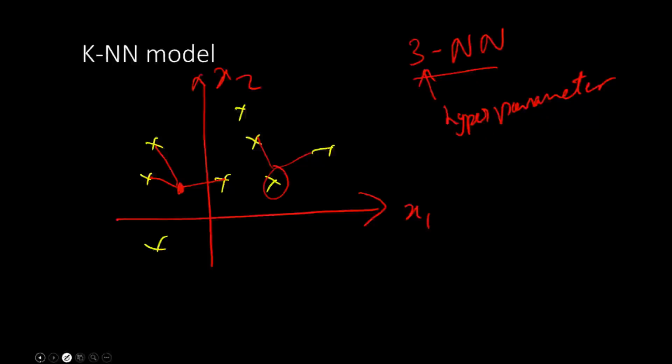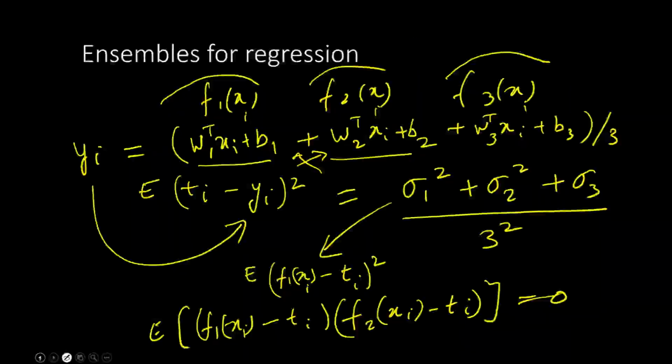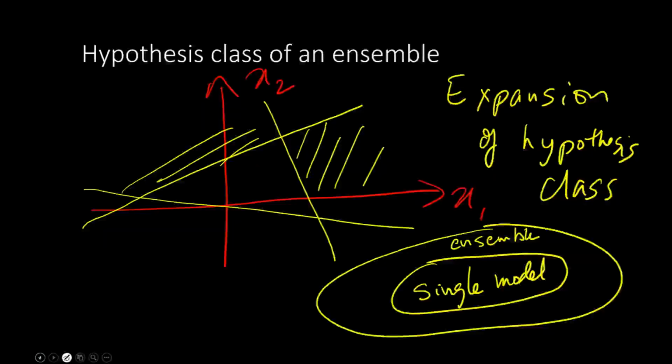Now back to these regression models. These ensemble models work not only for linear models, they also work for ensembling neural networks, and for ensembling other types of models such as support vector regression and support vector classification. So you can ensemble any kind of classifiers. You can even mix and match classifiers and regressors.